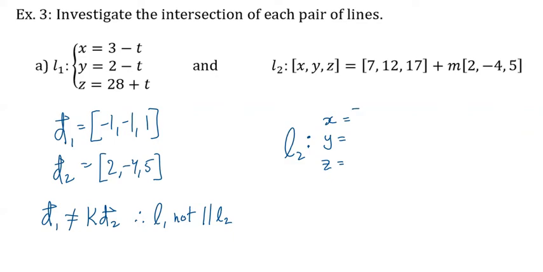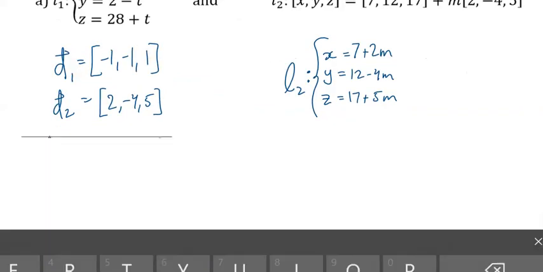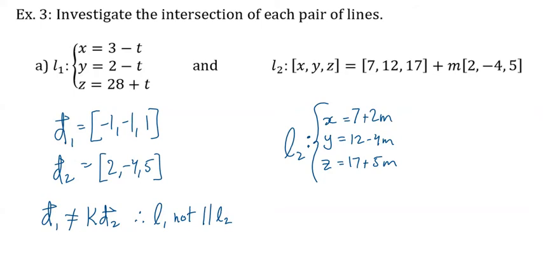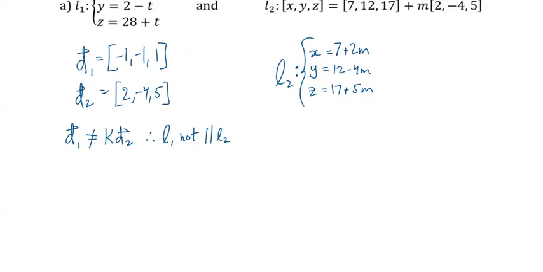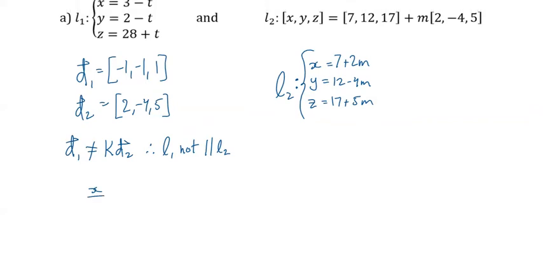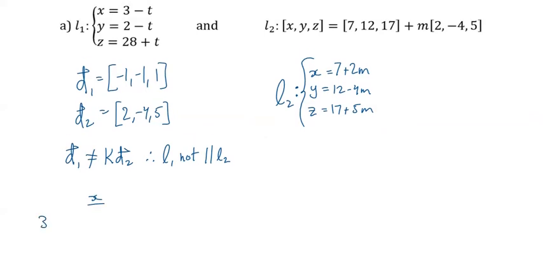So my x is going to be the x from L1, which is 3 minus t, equals 7 plus 2m. If you can do this from vector form, you don't have to show the work going into parametric. We're just skipping showing that step. Does that make sense? But when in doubt, rearrange into the form you need. You have to know how to go between all the different forms.